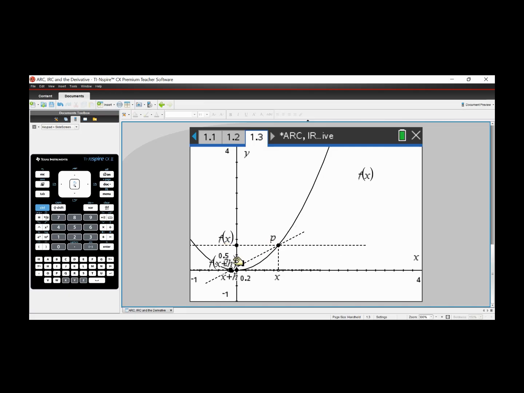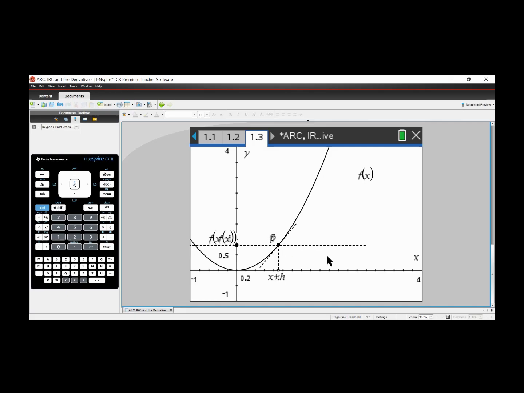And it doesn't matter whether your x plus h started to the right or started to the left. If I come from the other direction, h is still headed to 0, that distance is still headed to 0, and the secant line is still headed towards a tangent line.